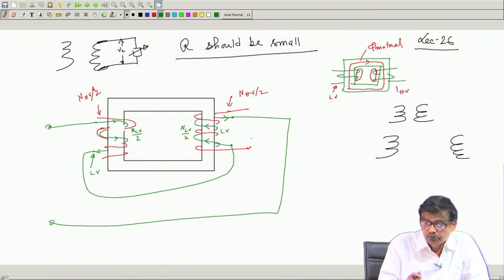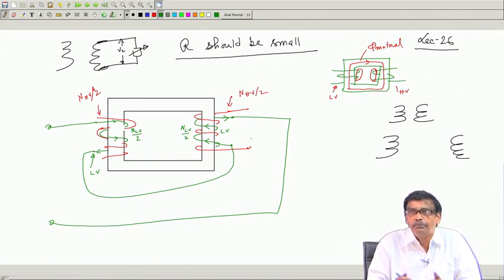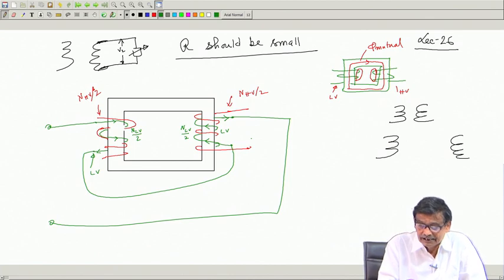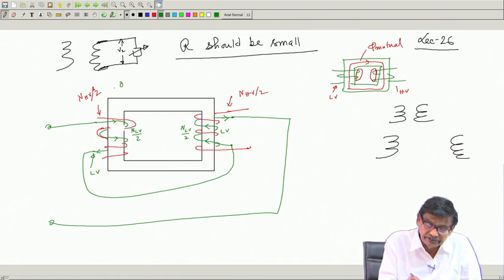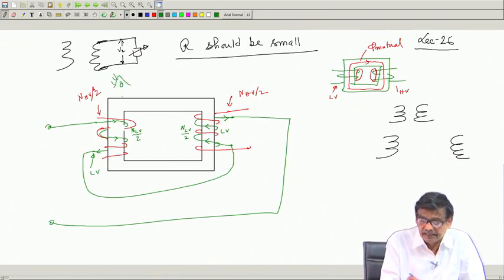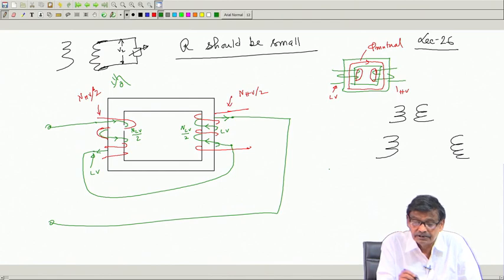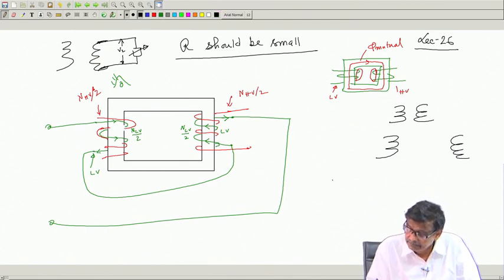By doing so, these 2 coils will now be brought in close proximity. So, leakage flux will be reduced because they are close by. So, if you see the section of this limb, for example, this is the cross sectional area, okay. This is the cross sectional area.